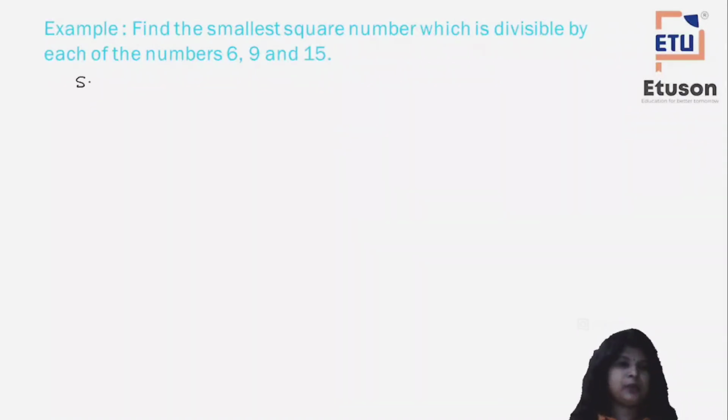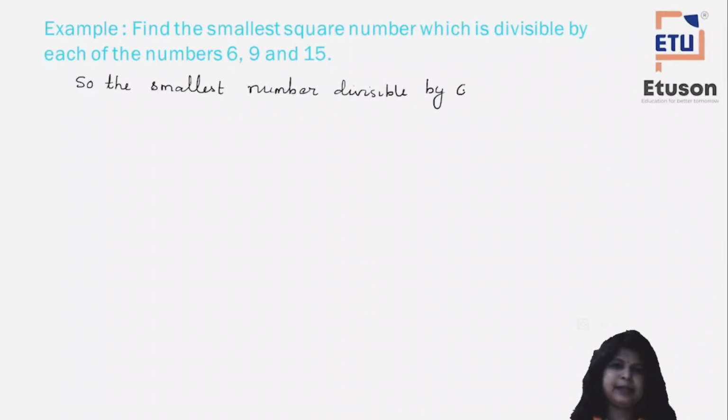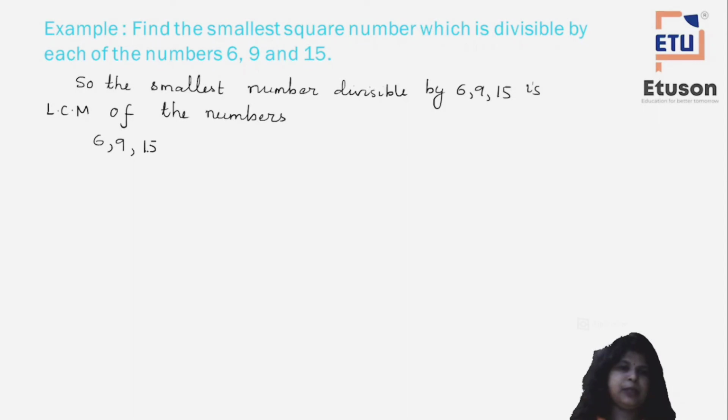So the smallest number divisible by 6, 9 and 15 is the LCM of the numbers. So let us find out the LCM of these three numbers, that is 6, 9, 15.